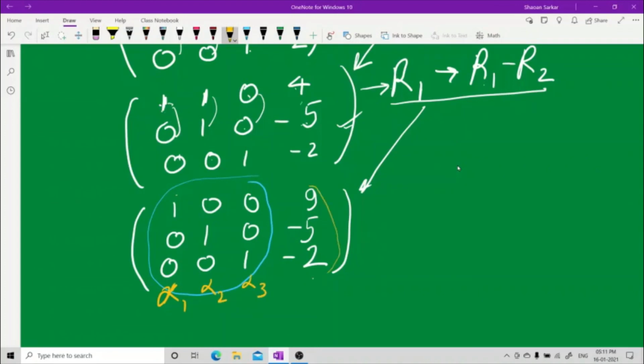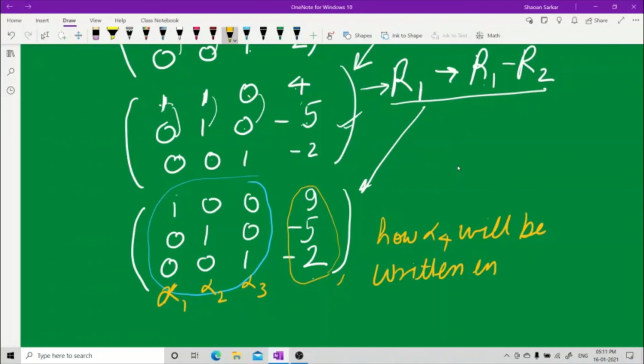Now this column basically tells me how alpha 4 will be written in terms of alpha 1, alpha 2, and alpha 3.